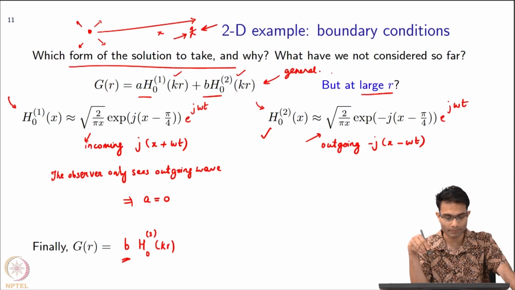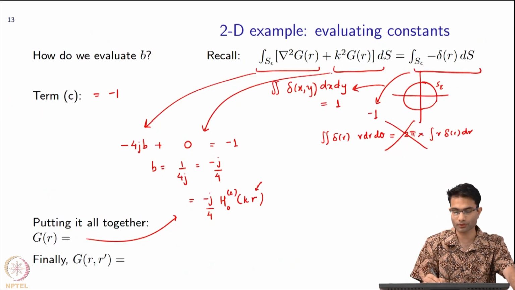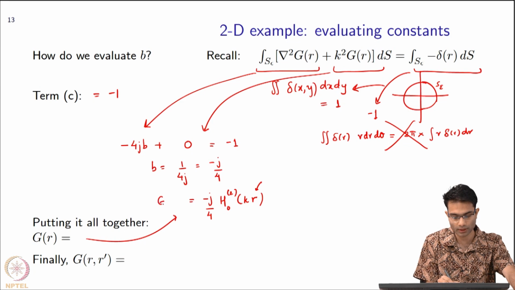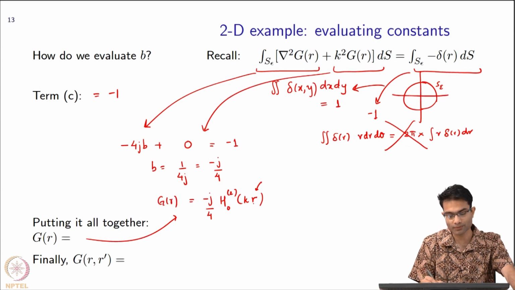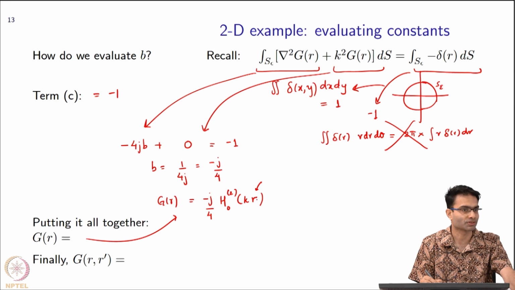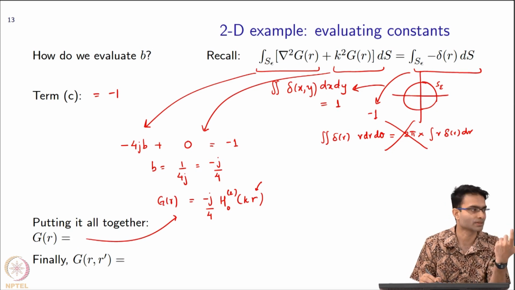So finally, by the time I come to the expression for Green's function over here, g of r, what is the meaning of this r? It is a scalar, and in polar coordinates this value is always positive. It's because it's the distance, radial distance, right.